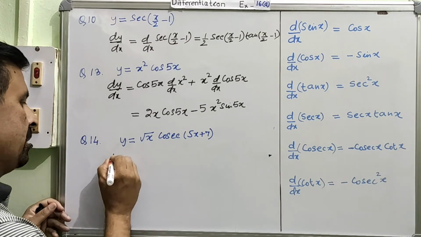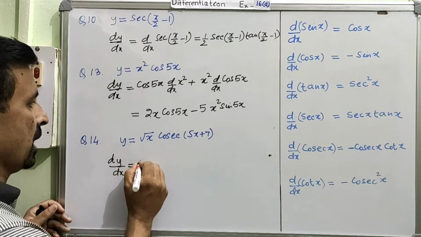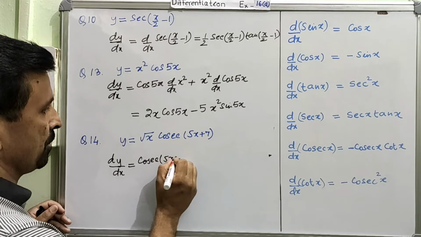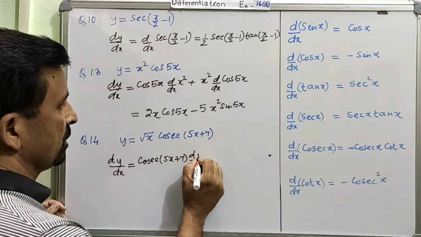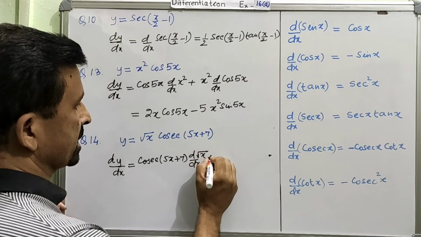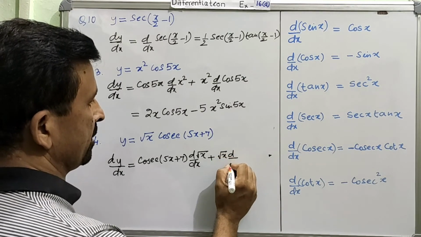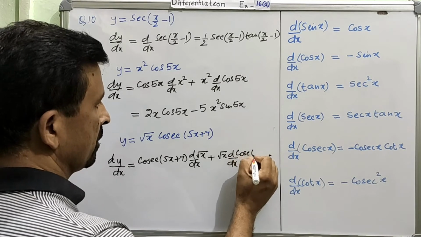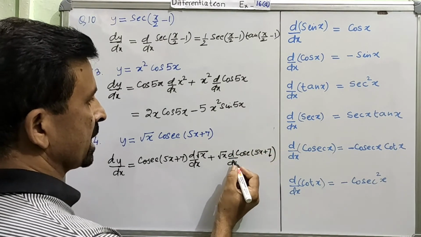The derivative we will calculate like this: dy by dx is equal to cosec 5x plus 7 is kept silent, and we find the derivative of root x, and then plus root x will be silent now, and we'll find the derivative of the second term, that is cosec 5x plus 7. Hope it is clear.